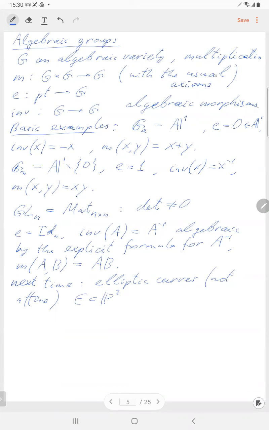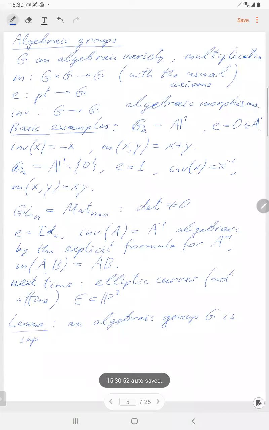Okay. And why I introduced the algebraic groups here is that they are all separable. An algebraic group G is necessarily separable.